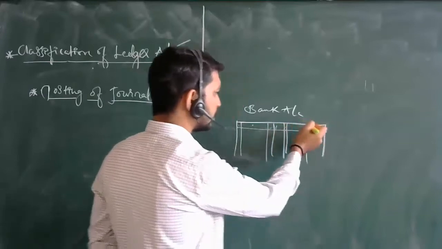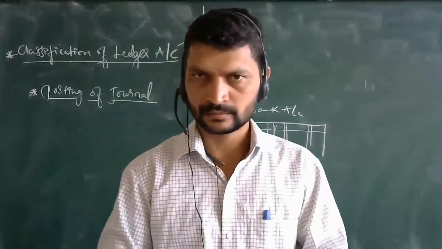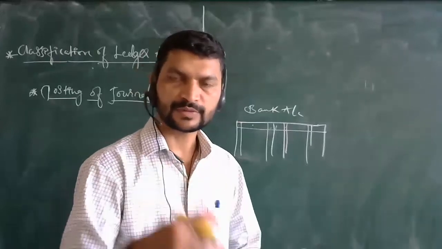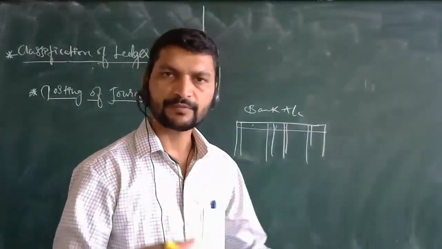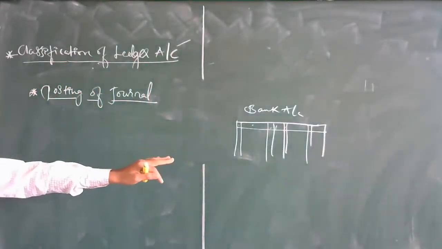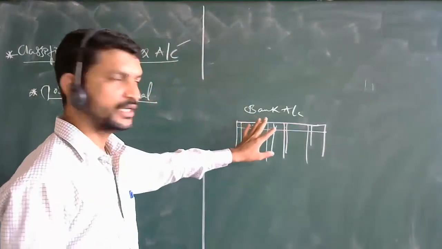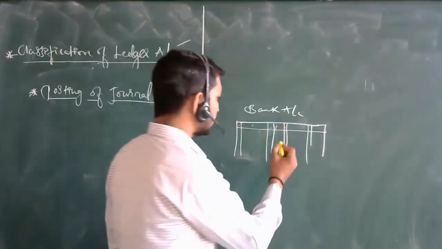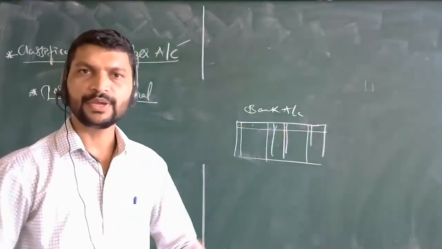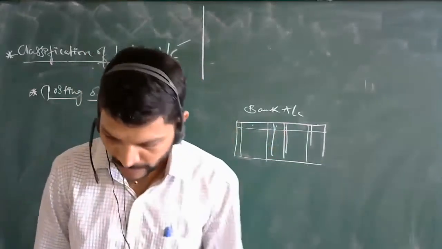In this way, whatever you have paid from the bank, or received in the bank, whether from debtors or paid to creditors, will be seen here. So all the transactions are taken in one place only. That is what grouping means, all the transactions of one account in one group.